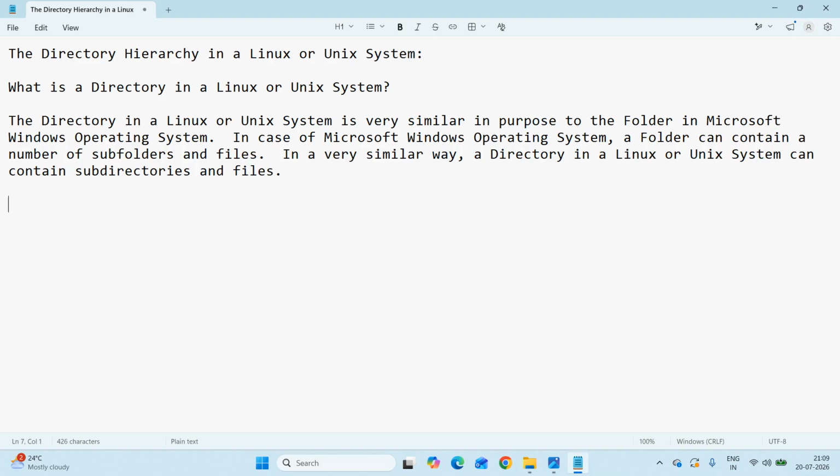Now I will highlight one important difference, people, between the Microsoft Windows operating system and the Linux operating system. Let me now tell you about that.